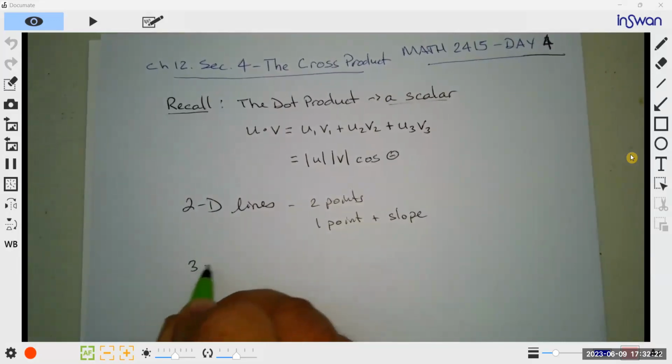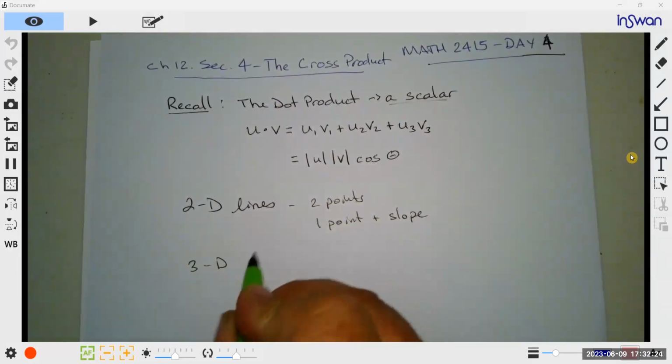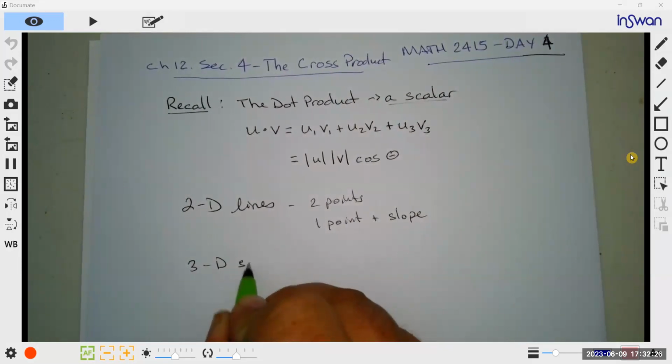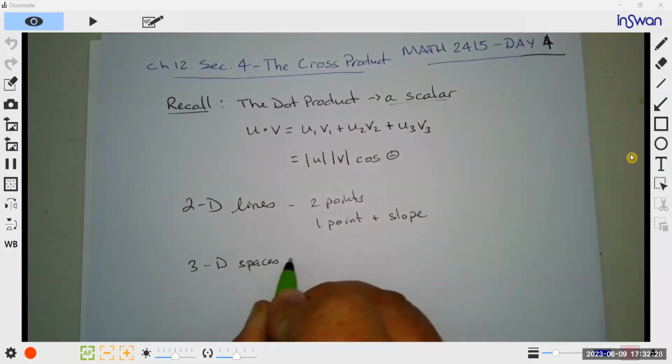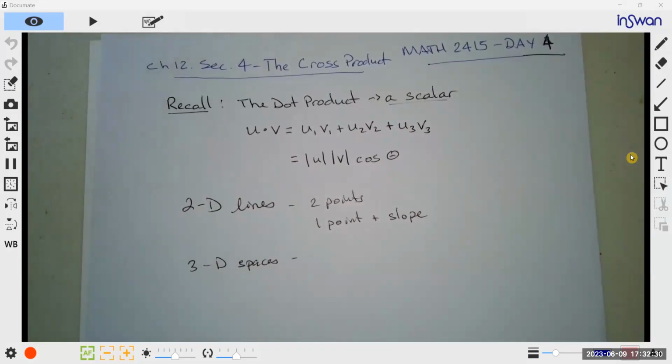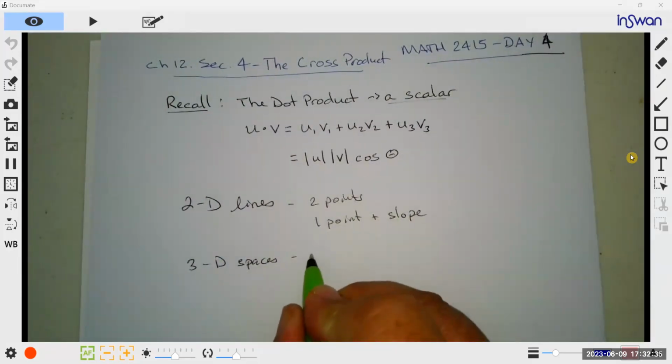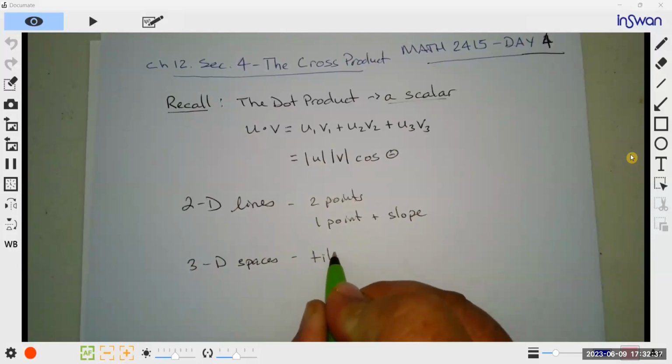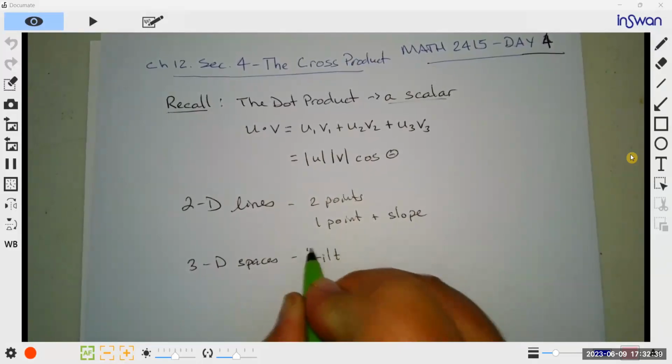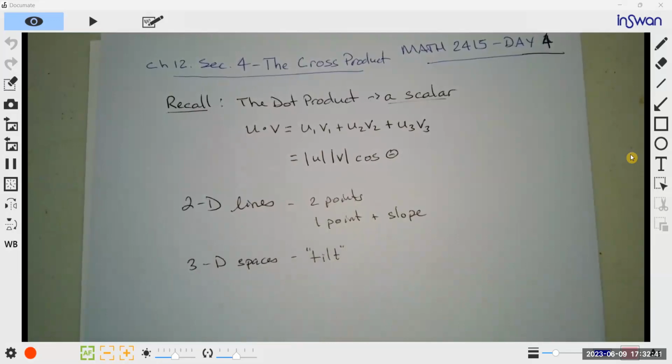In 3 dimensions, we now talk about planes or three-dimensional spaces. What we need here is something called a tilt. What we're looking at here is the tilting. How do you find this tilt?